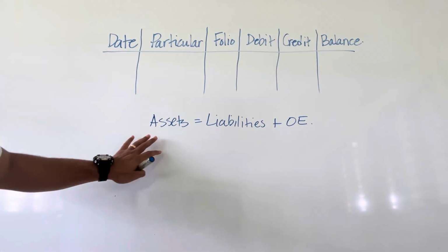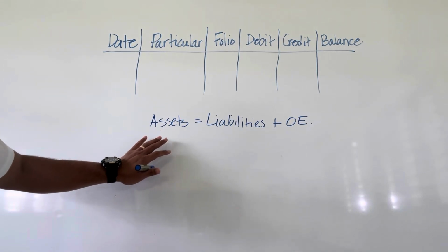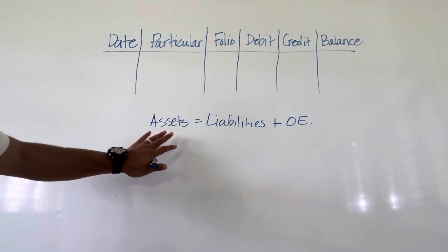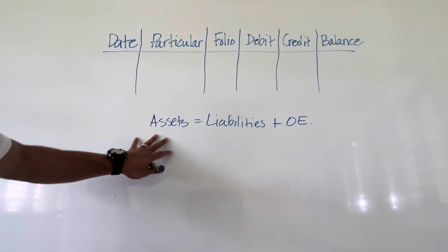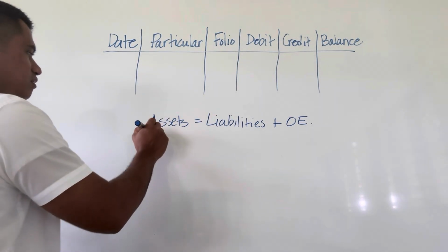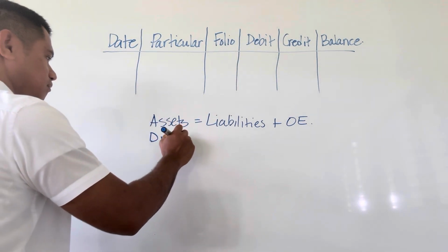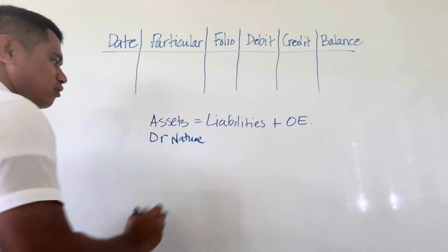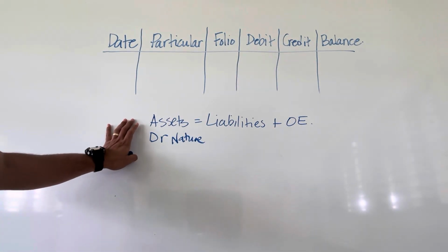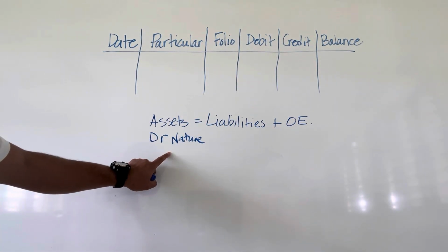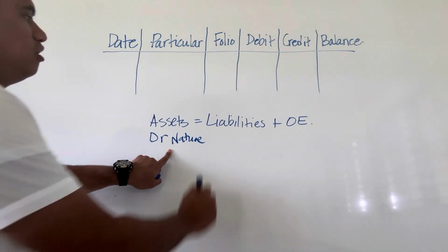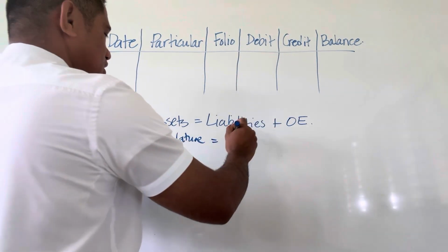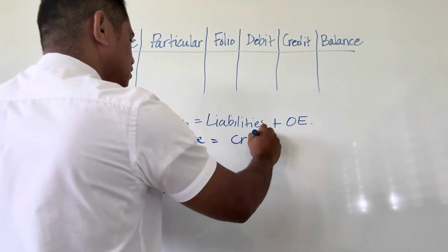Okay? Now, the accounts under assets normally have a debit nature. Whereas liabilities and owner's equity have a credit nature.